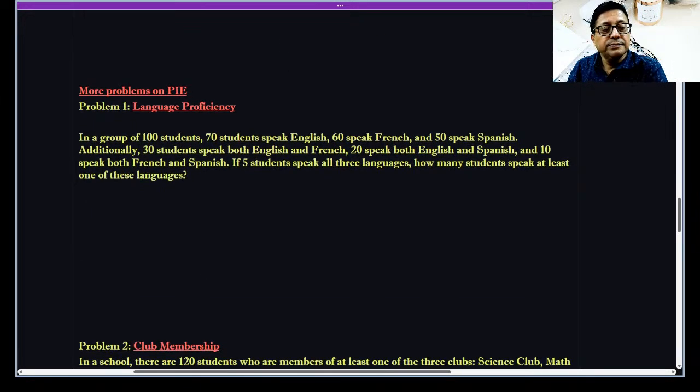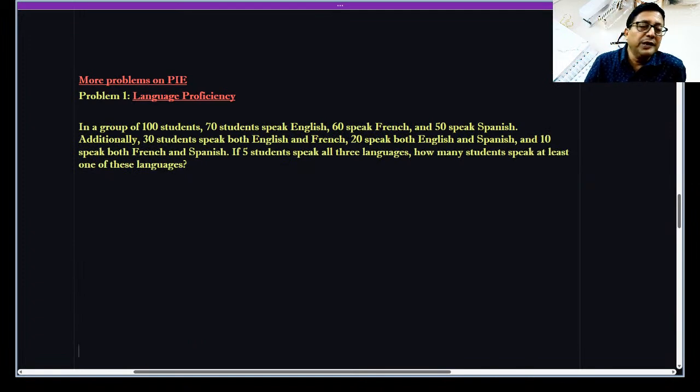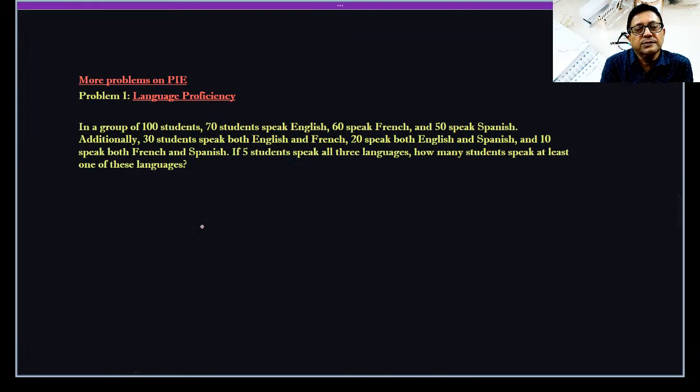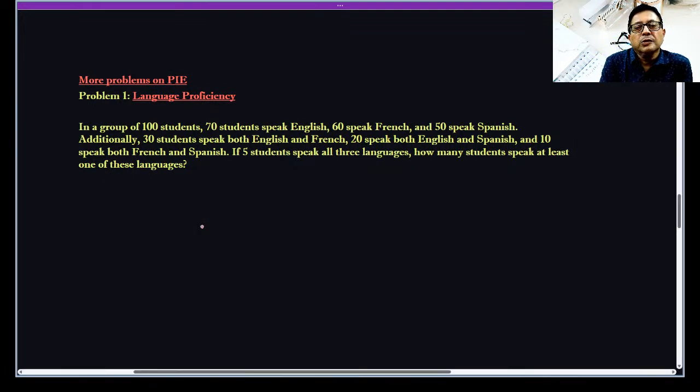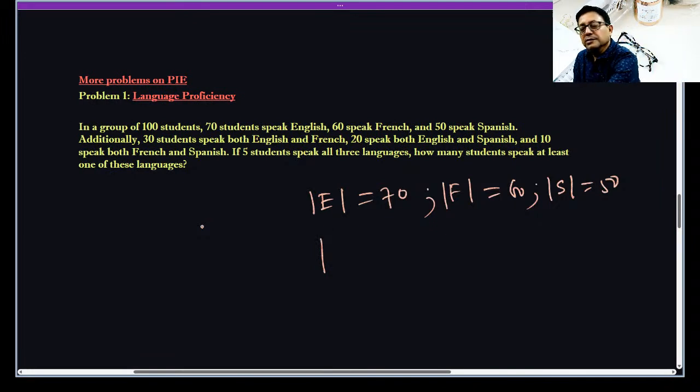Go through this sum. In a group of 100 students, 70 speak English. So the cardinal number of English is 70, 60 French, and Spanish 50. Both English and French, how to write this?